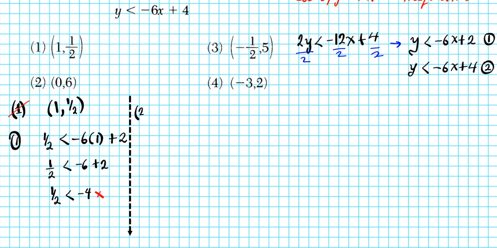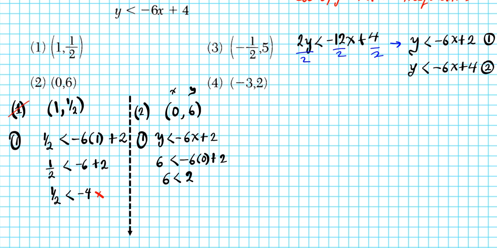For option 2, we have the coordinate pair 0, 6. This is my x and this is my y. Let me rewrite the inequality again. The first inequality is y less than negative 6x plus 2. So we substitute. Is 6 less than negative 6 times 0 plus 2? Is 6 less than 2?